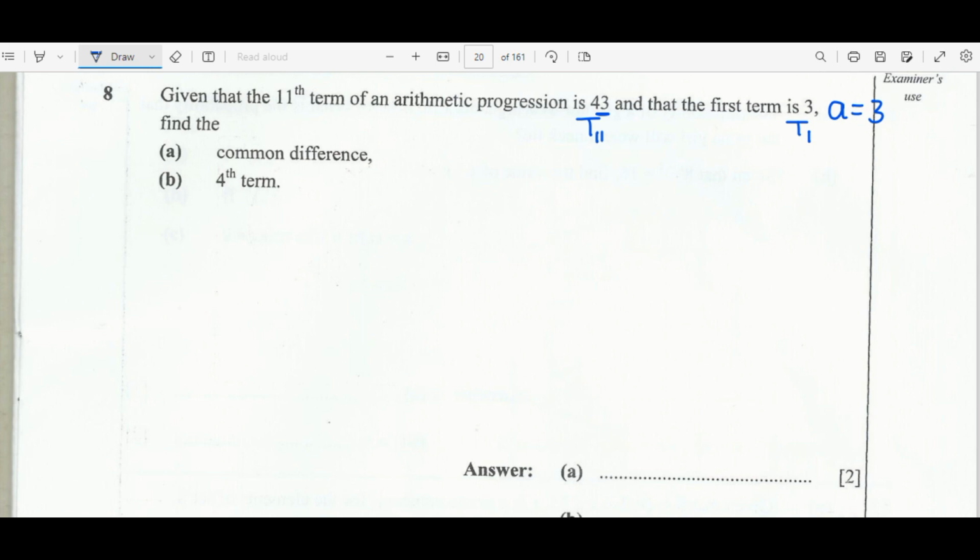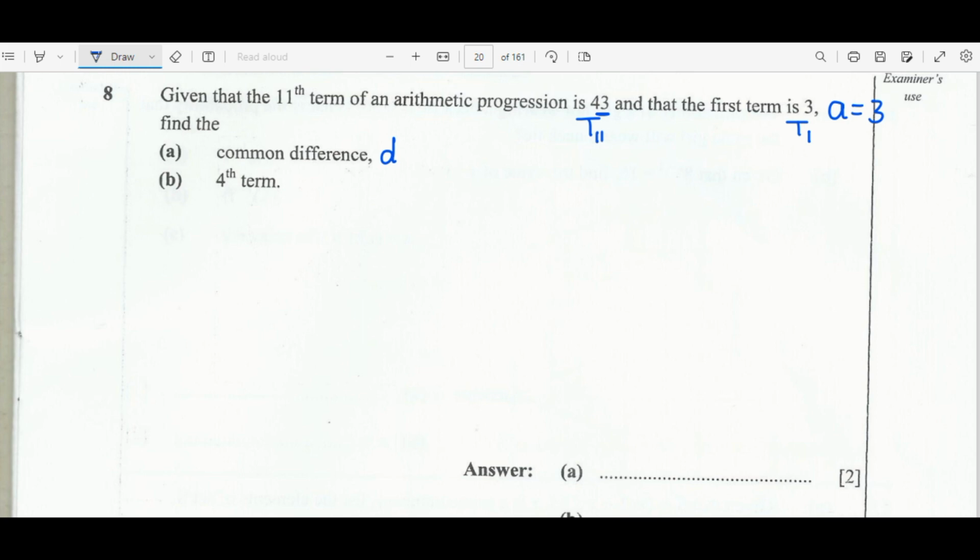Find the common difference. So how can we find the common difference given the first and the last term of an arithmetic progression? Remember, the common difference is denoted by small letter d. It's a number that can be added or subtracted to a given term to form the next term. So what are we going to do?